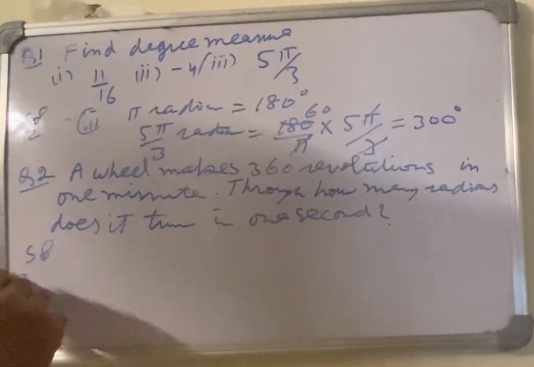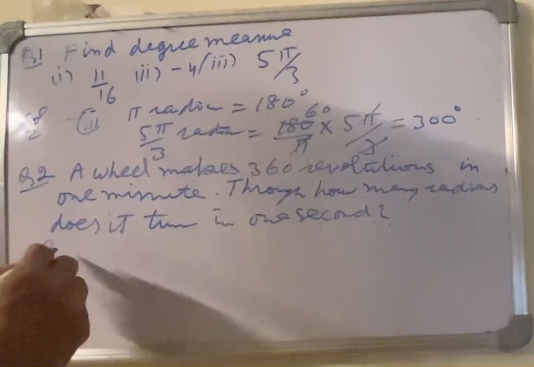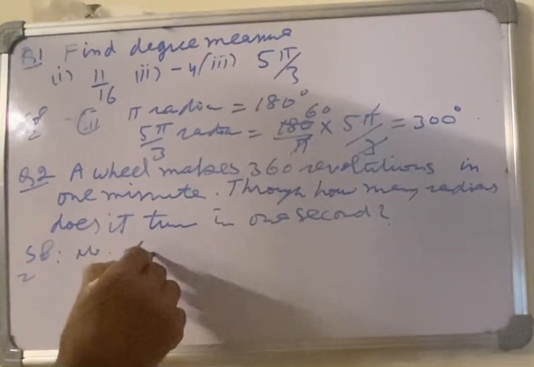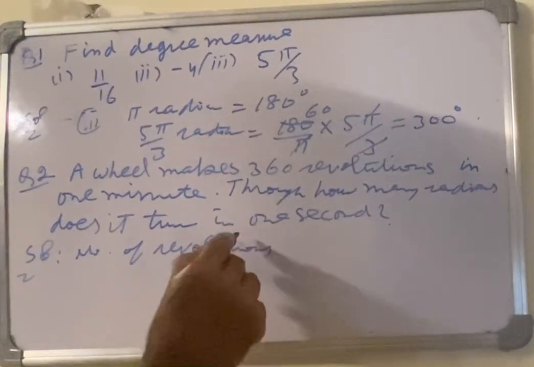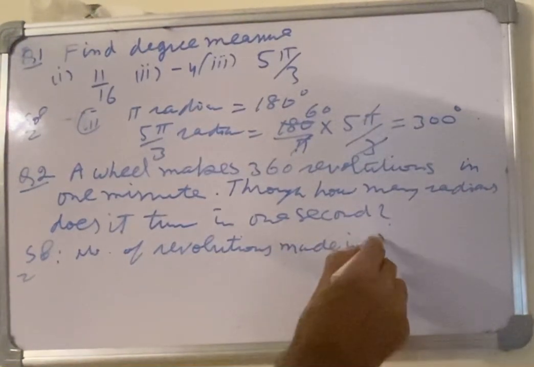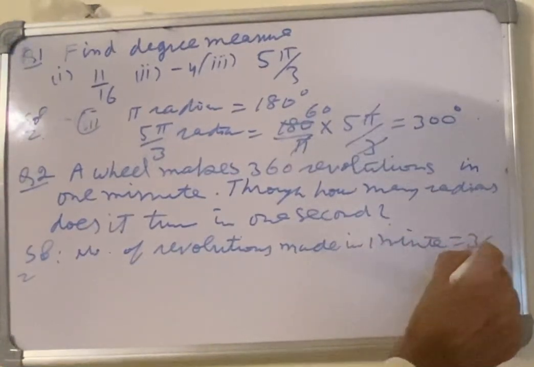Solution. Number of revolutions made in 1 minute is equal to 360.